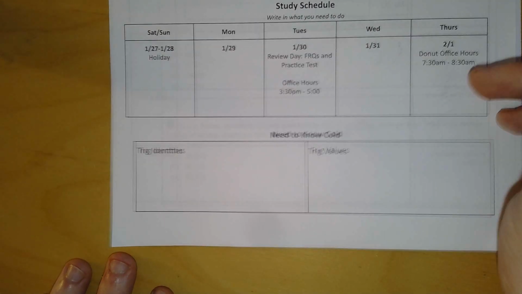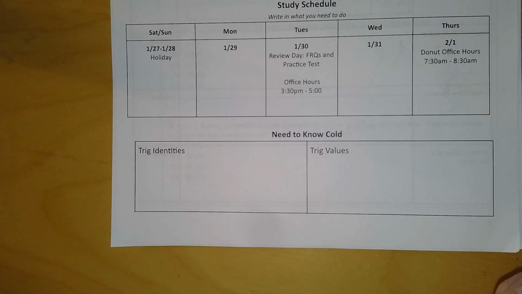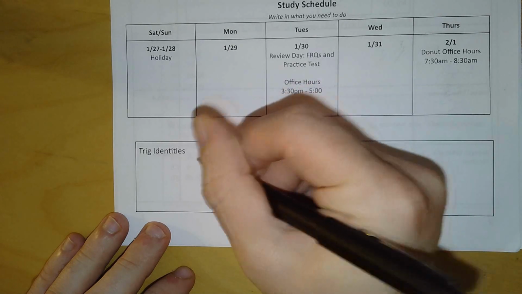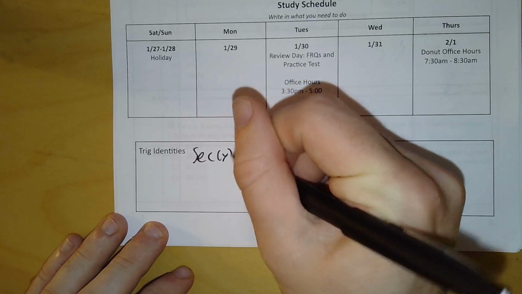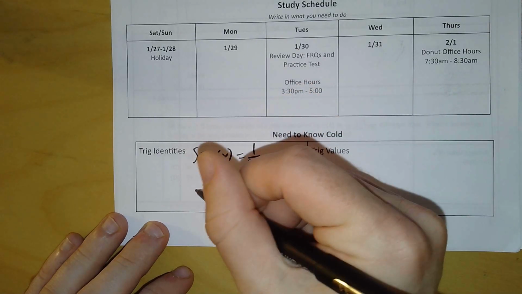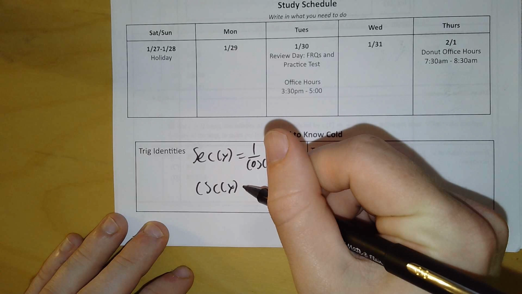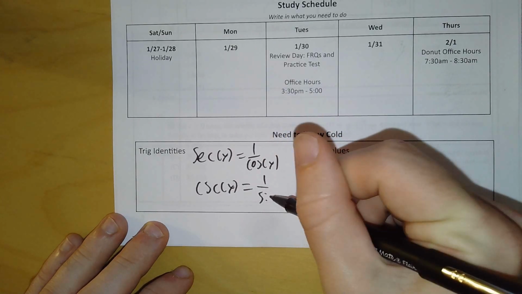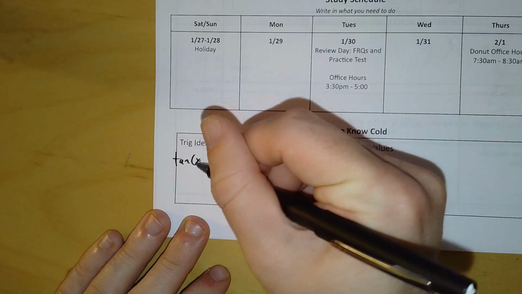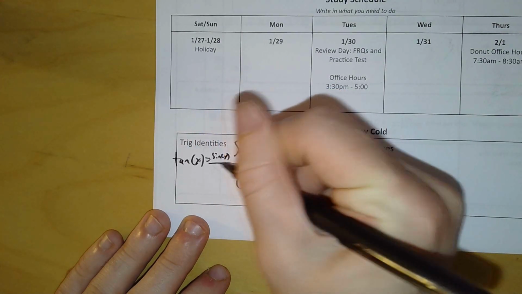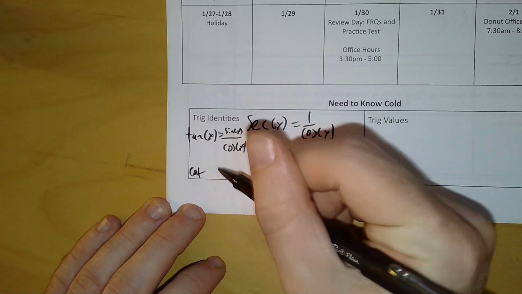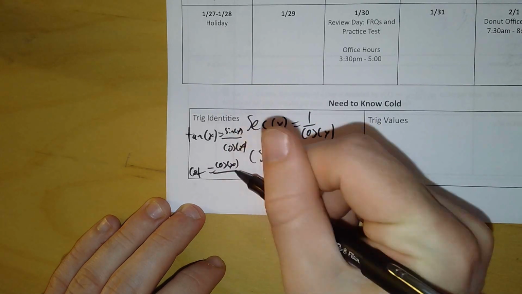Okay, what do you need to know cold? We've got the trig identities. What do I mean by trig identities? You need to know that secant x really means 1 over cosine x, that cosecant x really means 1 over sine x, tan x is sine x over cosine x, and cotangent x is cosine x over sine x.